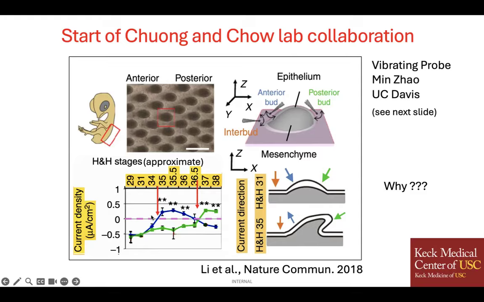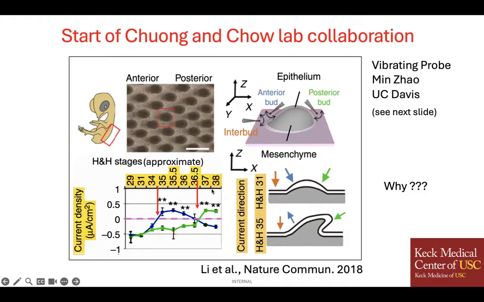I want to highlight the fact that these are stage specific and they're highly reproducible from tissue sample to a new tissue sample. There is some slight variation. That's because the staging is very approximate, but the important thing to note is that around stage 31, the currents are inward. At stage 35, they're outward.